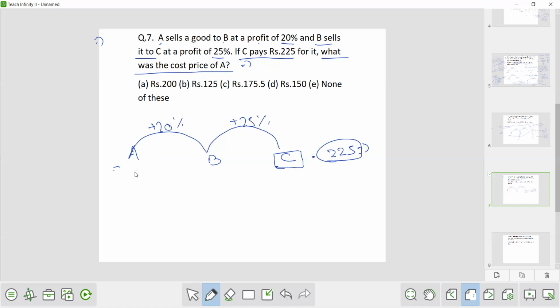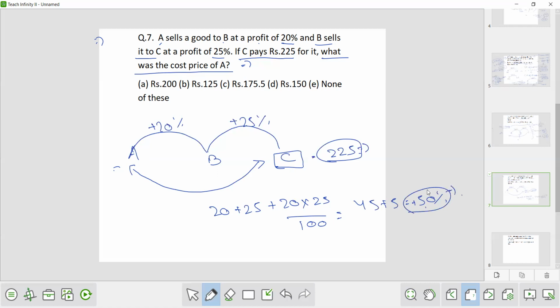Better to find the equivalent change between A and C. So 20 plus 25 plus 20 into 25 upon 100. From here we get 45 plus 5, that is 50%. So there is an equivalent change of plus 50%, meaning if A is 100%, C is 150%. And now the value of 150% is given as 225.